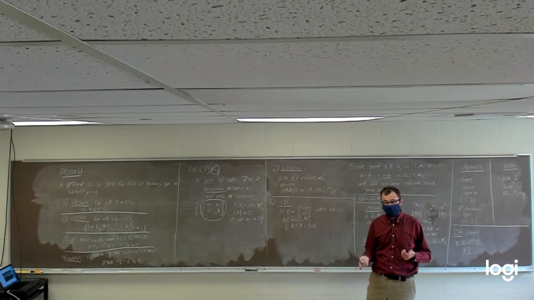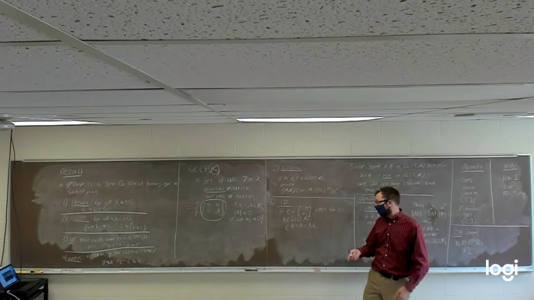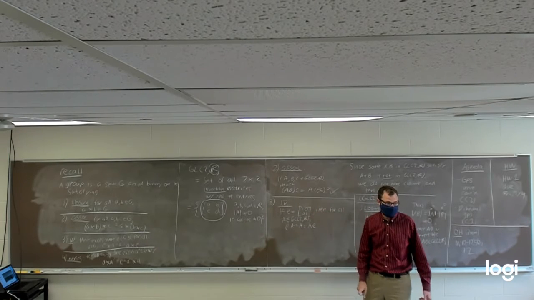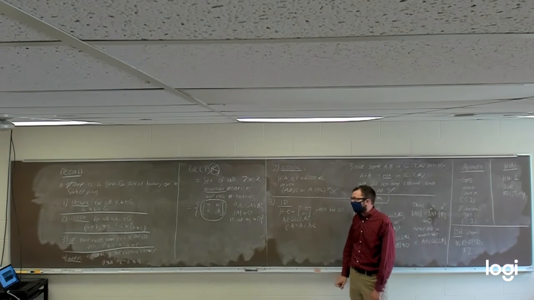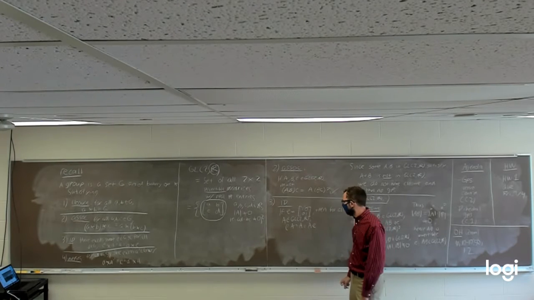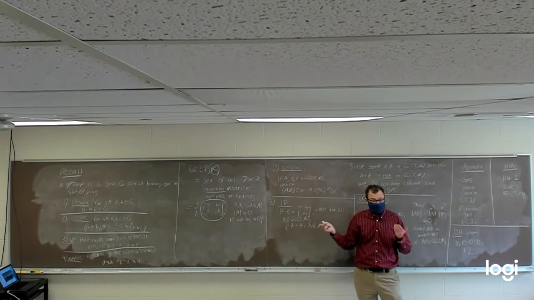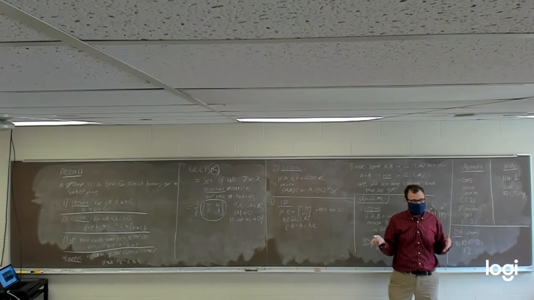What is its inverse? Yeah, it turns out this is its own inverse because of linear algebra facts. So the identity matrix is going to be our identity element. Coincidence? I think not.